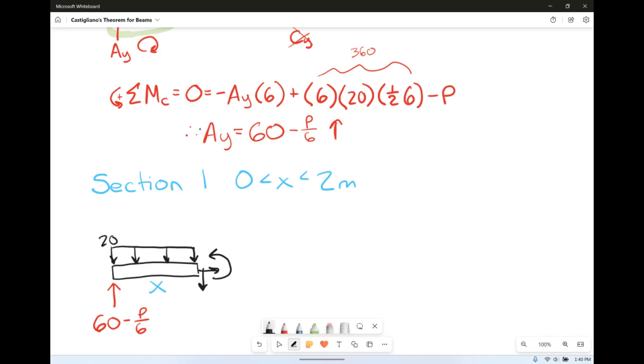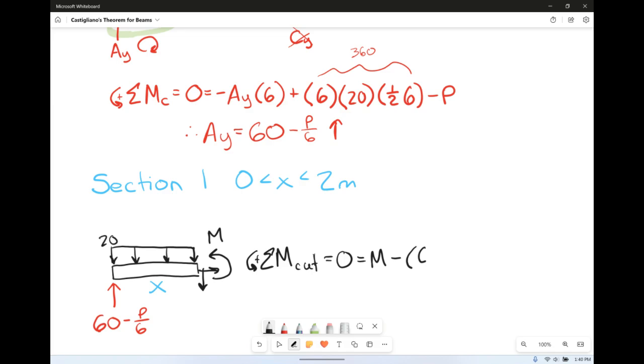So what we're going to do is sum the moments about the cut and set it equal to 0, taking counterclockwise to be positive. So what we're going to find is we have M going in our positive direction. That's good. Then we're going to work on our AY load there. So he's going to be negative.